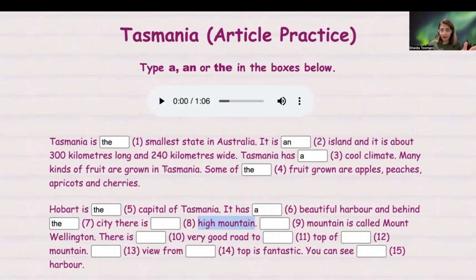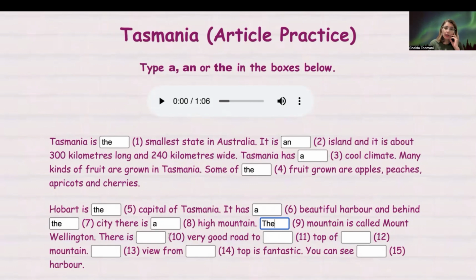Do you have any information so far about mountain? Not yet. So we say there is a high mountain. And now here, mountain is called Mount Wellington. Which mountain? The high mountain. Because here we have talked about it, now it is known. So we say the mountain is called Mount Wellington.